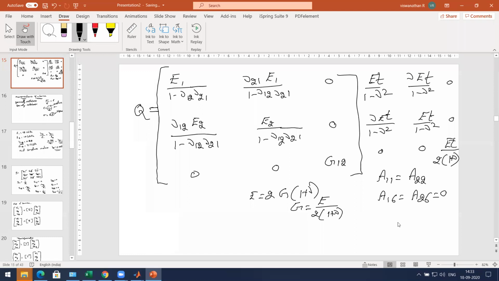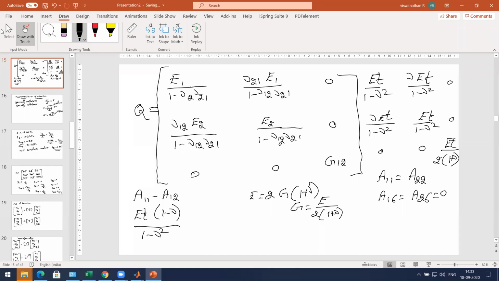And then there is one more relation which is possible here. I'll take A11 minus A12. So that will give me Et into 1 minus nu divided by 1 minus nu square.